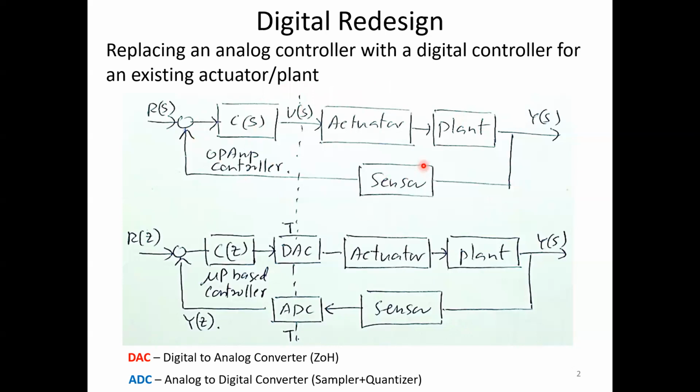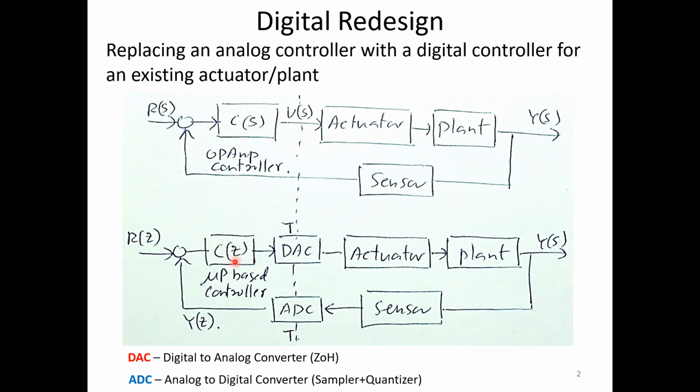We want to use microprocessor based controllers, microcontrollers, single board computers, all discrete devices, to implement the controller function over here, C(s). We do not implement C(s) very much these days. So we want to bring in what is called C(z), that is a discrete time controller.